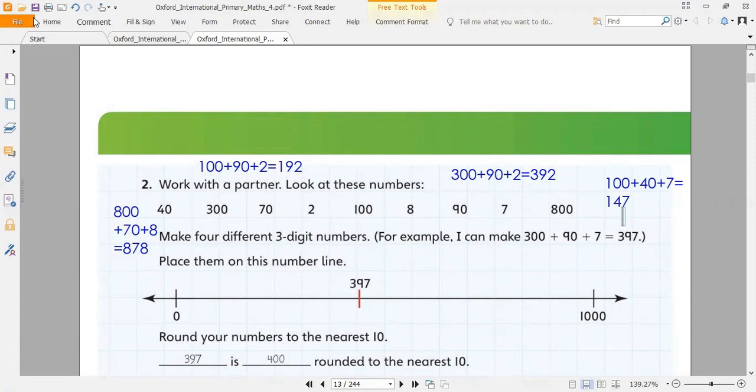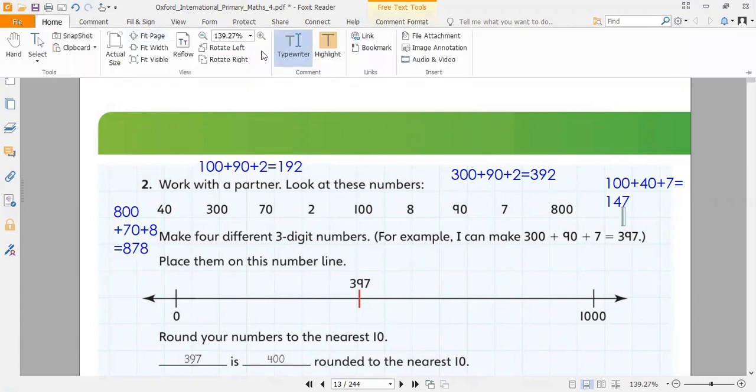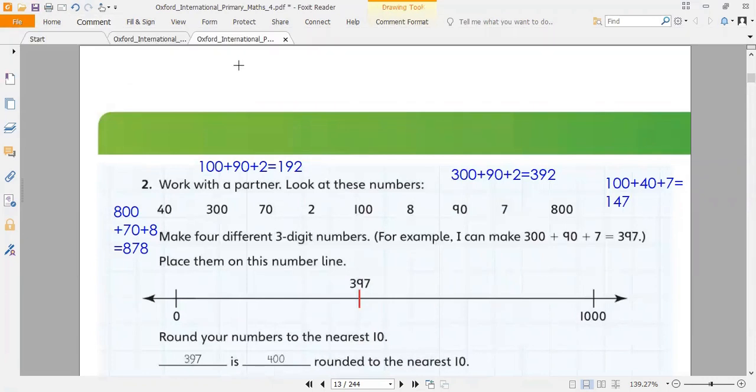So where will the numbers come? First we will make an estimate of where our numbers will be placed. Here is almost 400, and here will be 147.